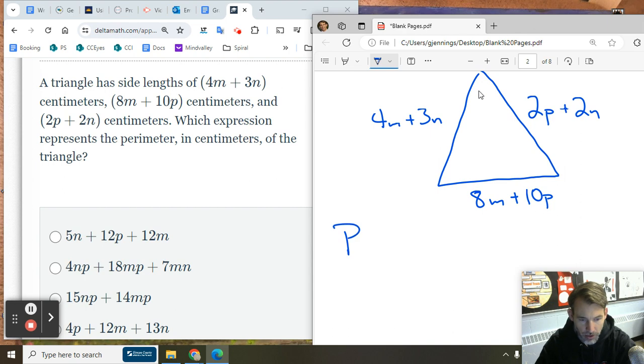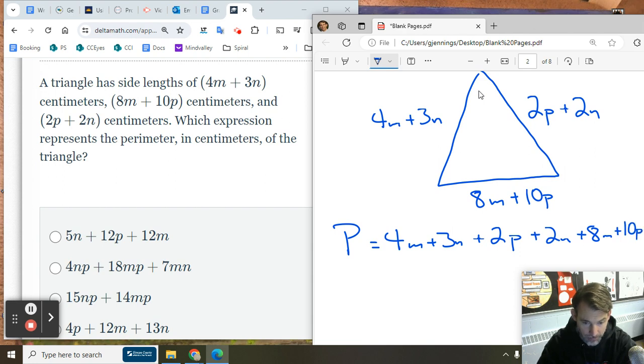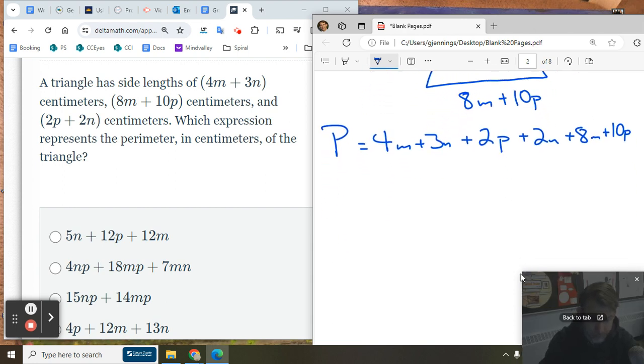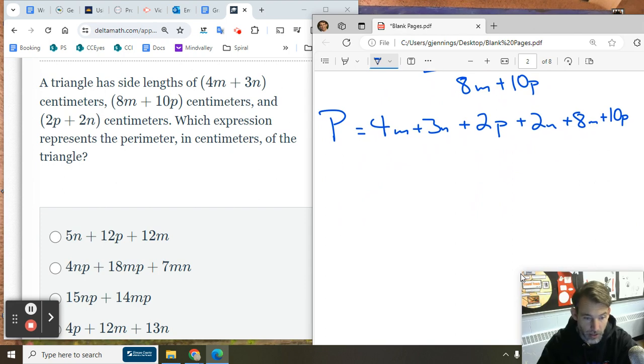Well, the perimeter, again, is the distance around the whole sides. We add all the sides together. So that's going to be 4m plus 3n plus 2p plus 2n plus 8m plus 10p. Now, maybe I do this and I reorganize it a bit.